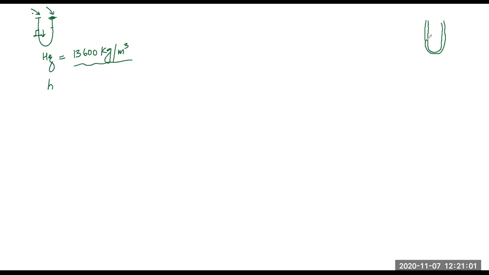Let's say this is the pipe, and when the pressure at this point is increased, the level of mercury will go down.